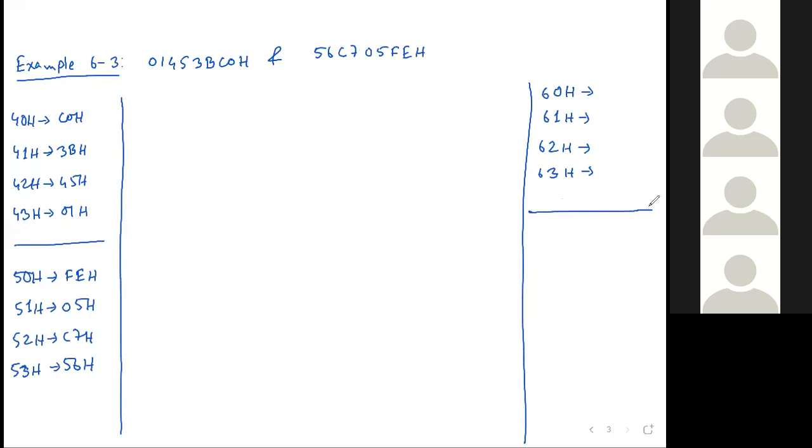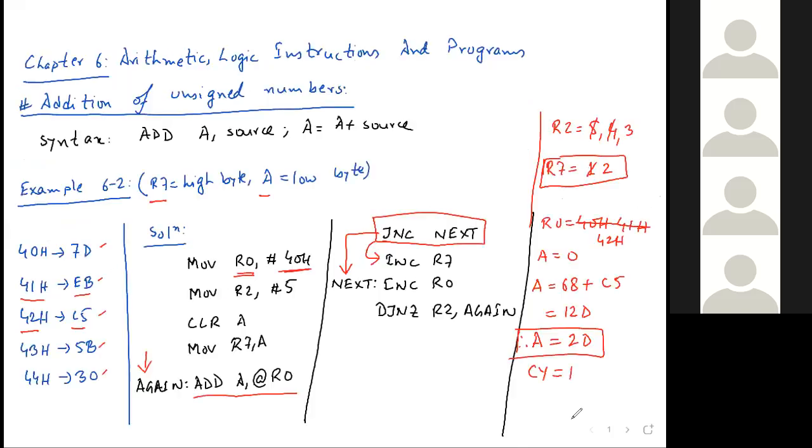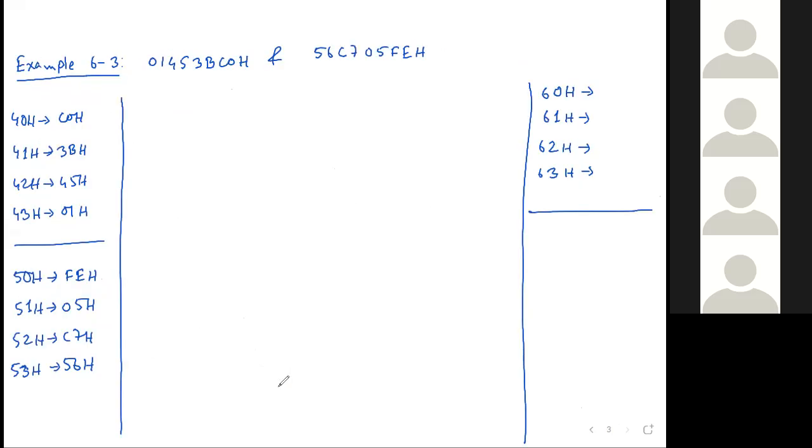Now tell me, for this particular problem, how many pointers will we need? It is very obvious from the previous example that if the numbers are given from memory locations, then we need some pointer. This is also a similar case. So how many pointers do we need? 3.